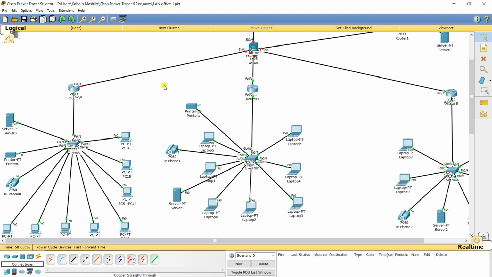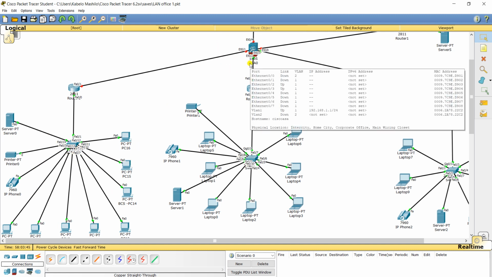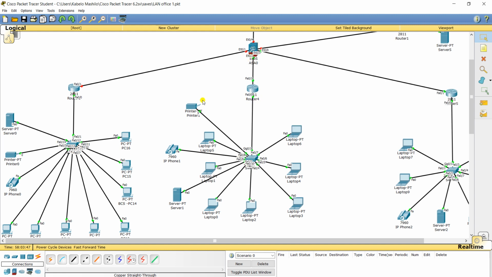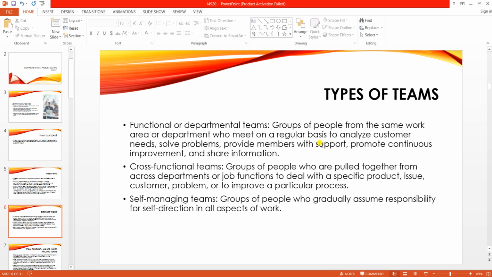They will work together. So this is more of a cross-functional team, because the networking team have skills within the networking area, and the security team also has skills within the security area. So they work together. Hence, we call them the cross-functional team.